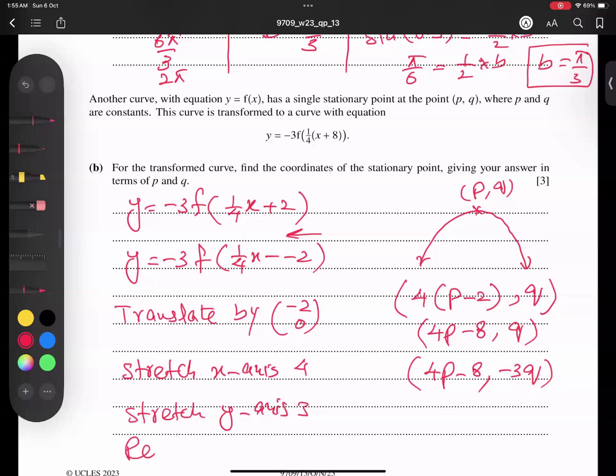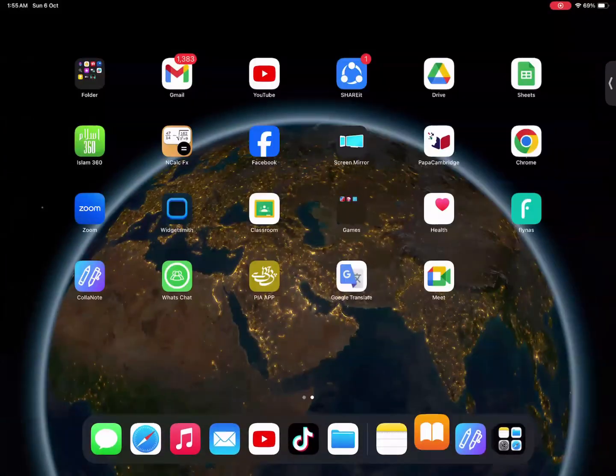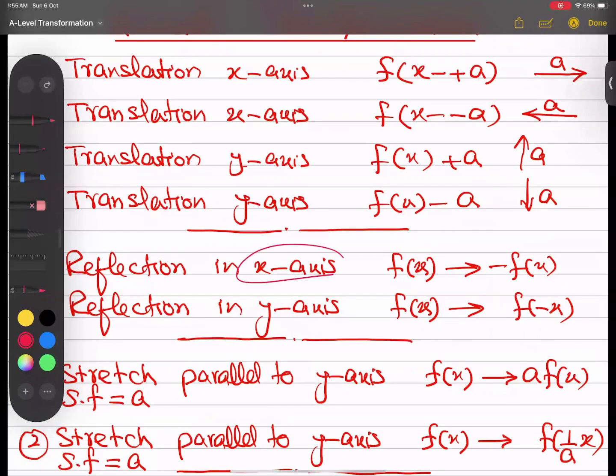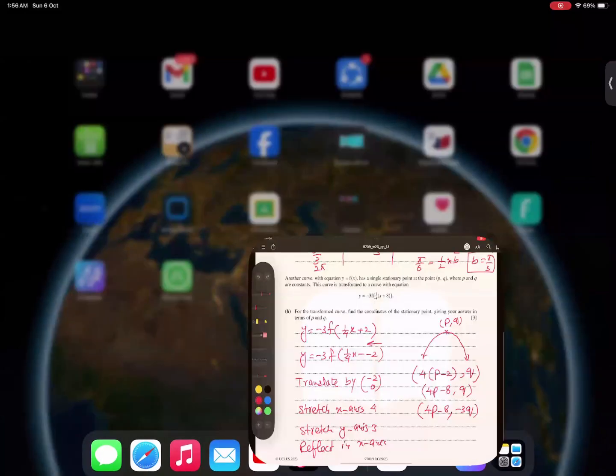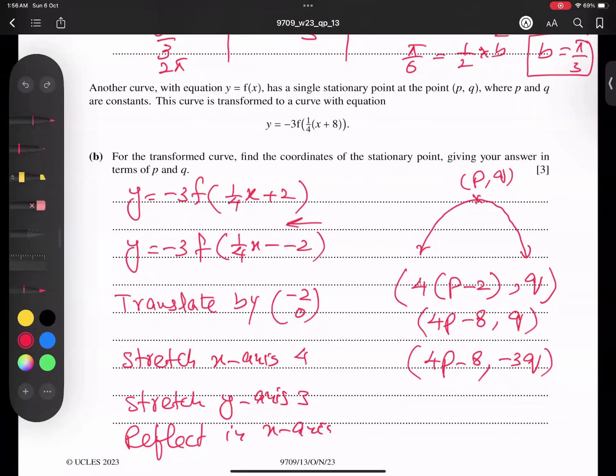And last, we have a reflection in the x-axis, sorry. Okay, that is why you multiply the whole. If I want to show again, it's a reflection in the x-axis, multiply with the -3. Okay, negative, and this remains the same, parallel to the y-axis. I hope the point is very clear, and we have done this question. Let's go for the next part.